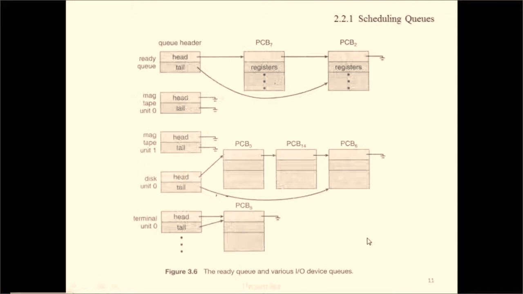Now this is the diagram. The ready queue and various I/O device queues are shown here. Let's begin from here. This is the ready queue. This is a singly linked list of the PCBs of all processes which are in the ready state. The PCBs contain the information we have discussed earlier. But importantly, the queue header contains two pointers: one pointer to the first PCB in sequence, and a tail pointer to the last PCB in the list.